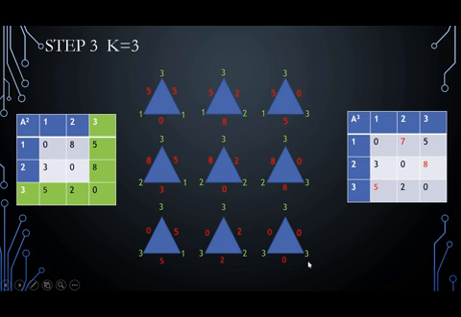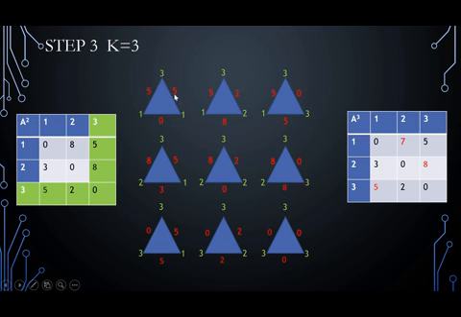Right? So now the left hand side will be the highlighted column, 5, 8, 0. So 5, 8, 0 will be written on the left hand side. Copy it there. Now what about the right hand side? It will be the highlighted row, 5, 2, 0.